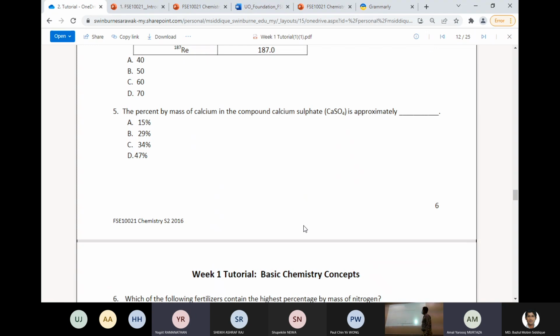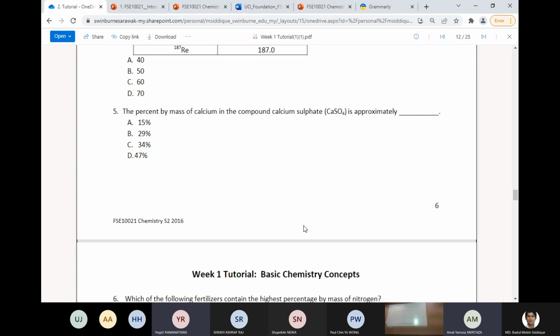The percentage by mass of calcium in the compound calcium sulfate is approximately what?